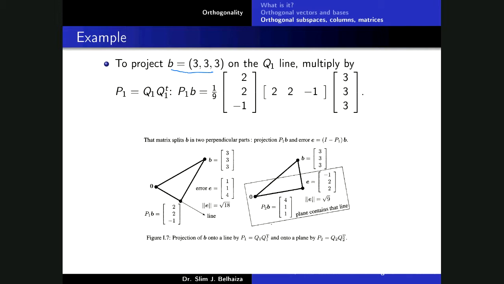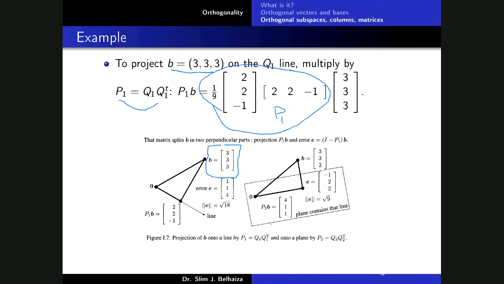If you multiply by the matrix P1 generated from q1, where q1 was given as 1/3 of (2, 2, -1), you will have the following. First of all, we define P1 as q1 times q1 transpose. So P1 b would be equal to this, this is the whole matrix P1.